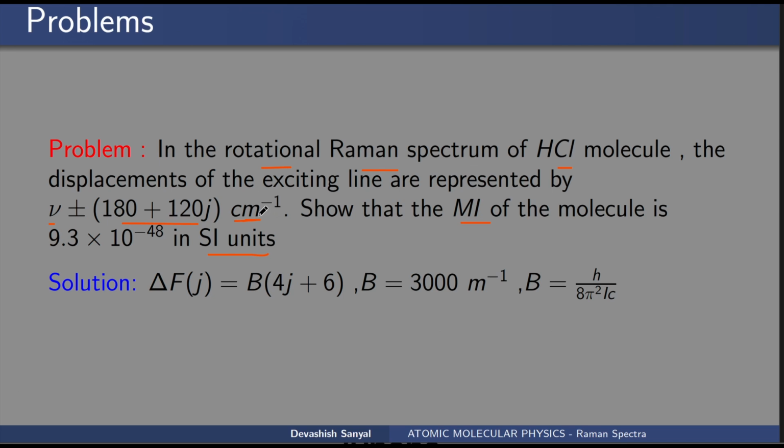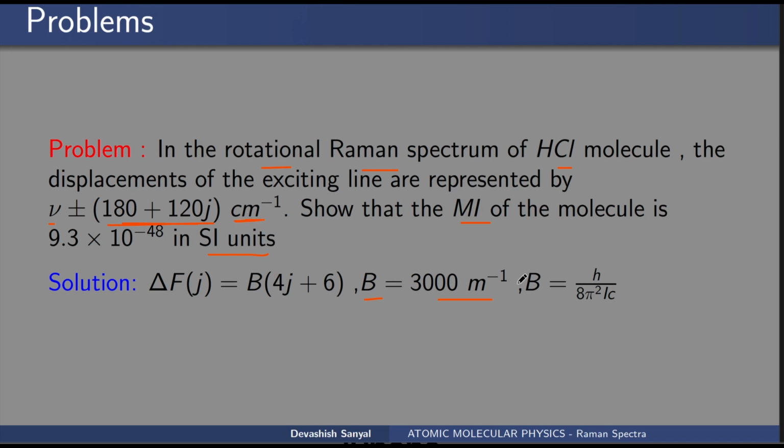So we convert this into meter inverse. So what we get is delta F J is equal to B into 4J plus 6, that we know, and this is my delta F J, this part. So comparing, we get the value of B after converting this into meter inverse.